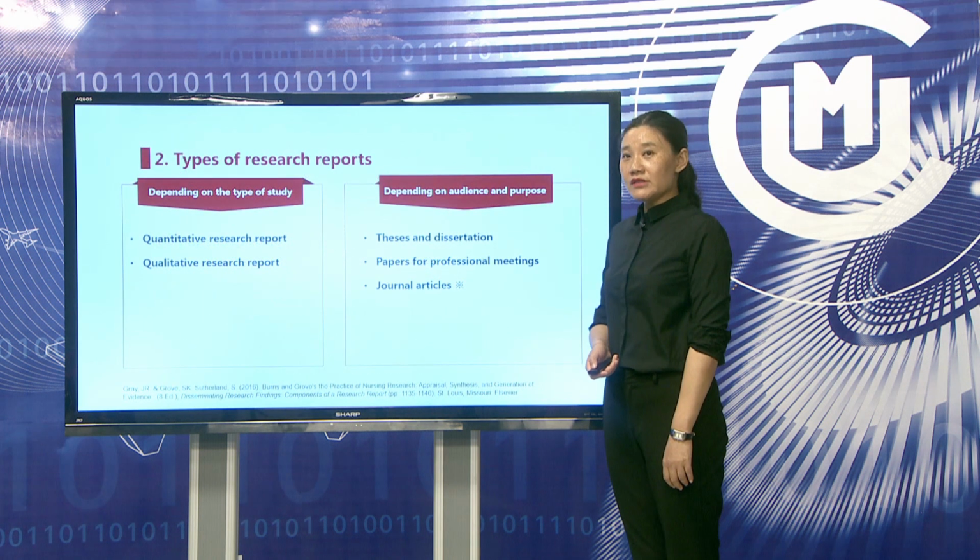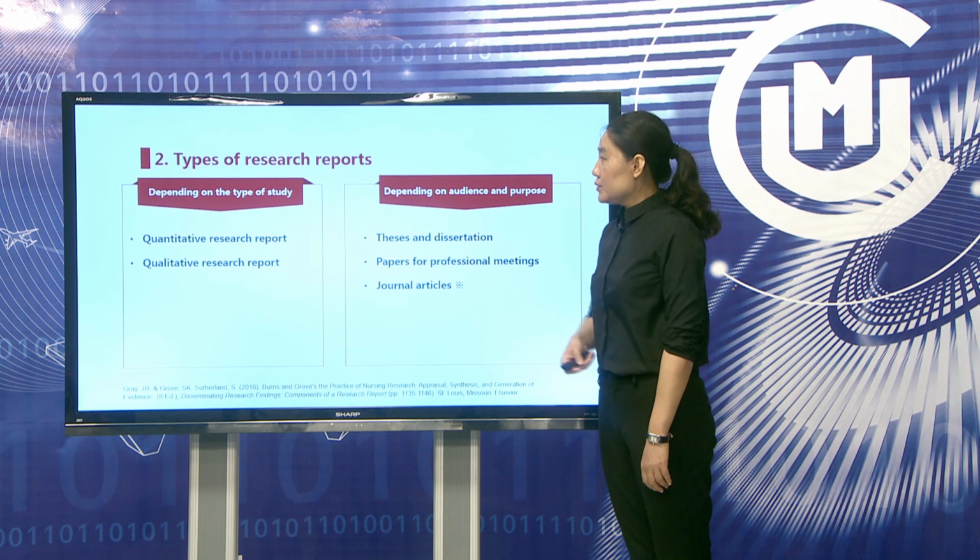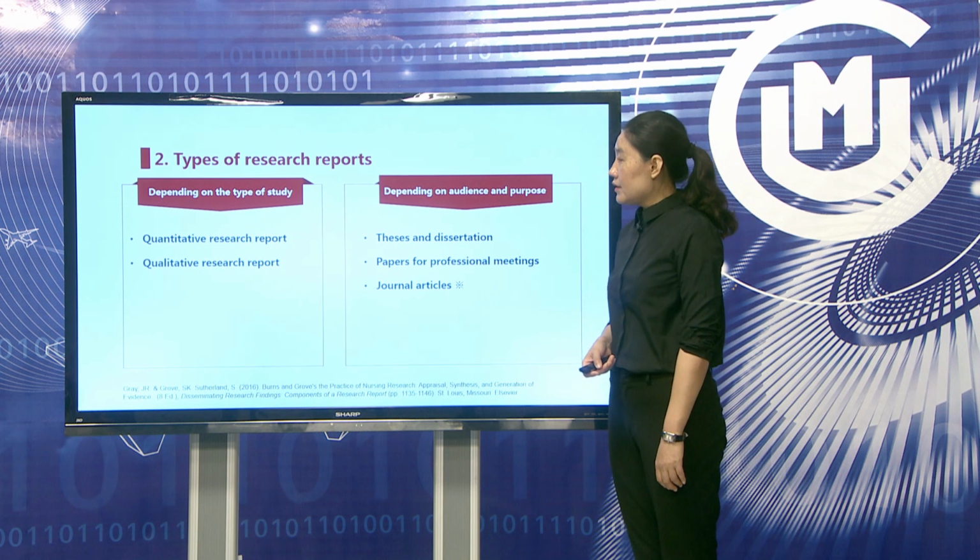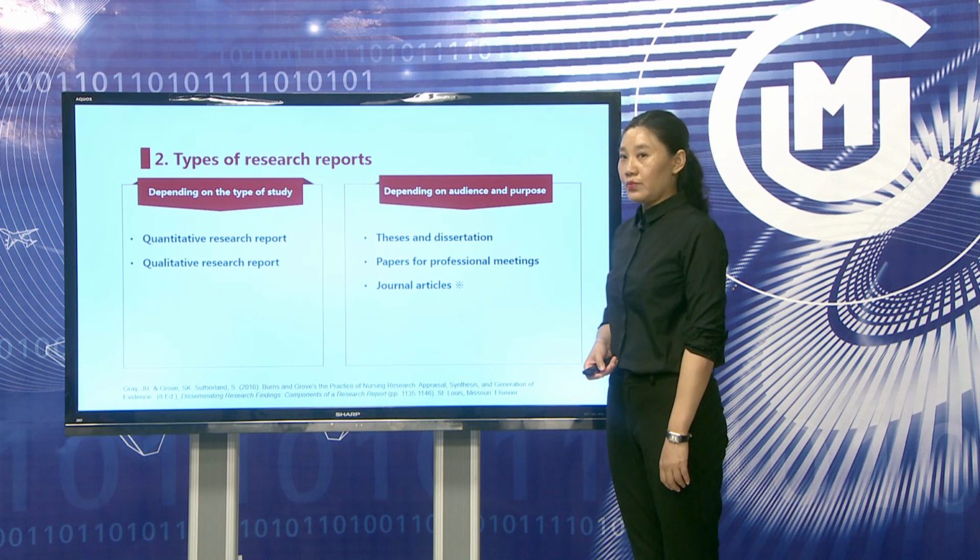With regard to the types of research reports, there are many ways to classify the types of papers. As we know, based on the study design, the study can be divided into quantitative study and qualitative study. Correspondingly, research report can be divided into quantitative research report and qualitative research report.